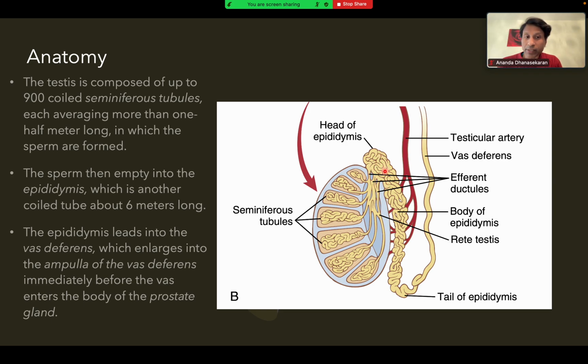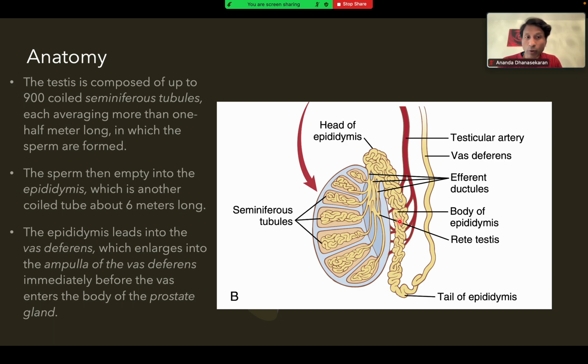This epididymis leads to the vas deferens. So if you see the shape of the testes, it consists of 900 coiled seminiferous tubules, and they all join together to form the epididymis. The first part of the epididymis is known as the head of the epididymis, which is in the upper part.